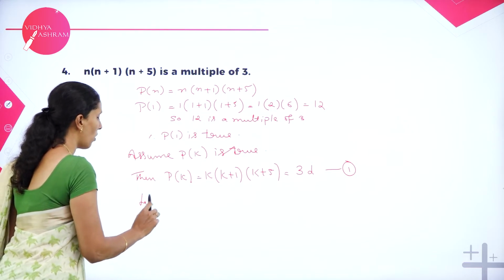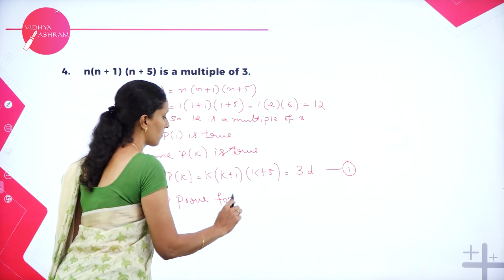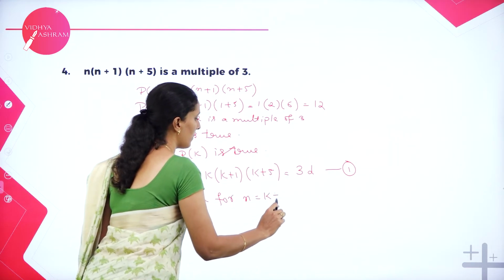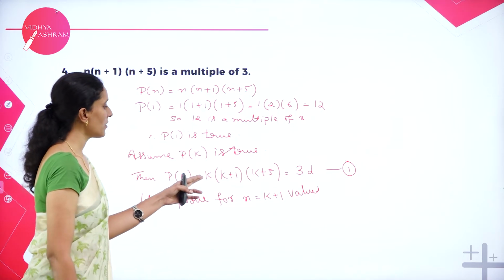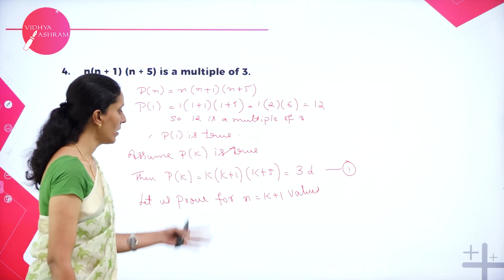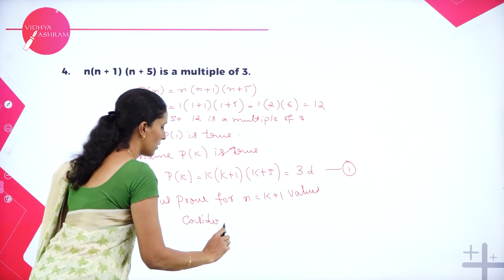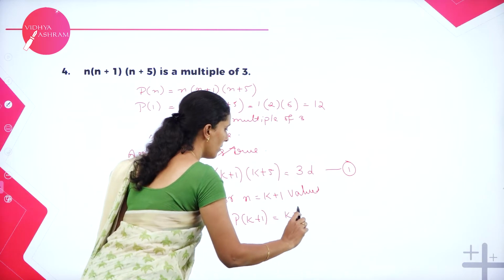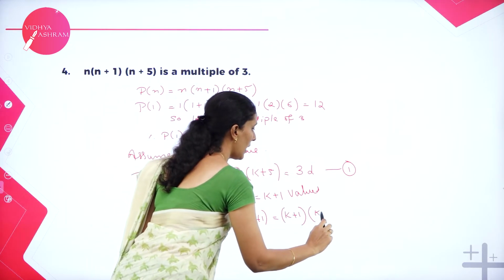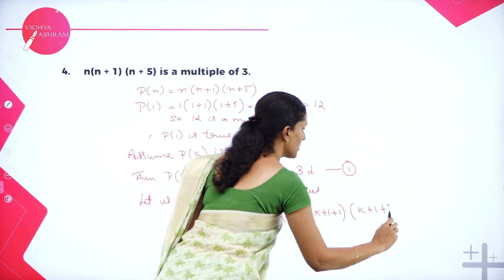So let us prove for n equal to k plus 1. Just replace k by k plus 1 and verify. So consider P of k plus 1 as k plus 1 into k plus 1 plus 1 into k plus 1 plus 5.